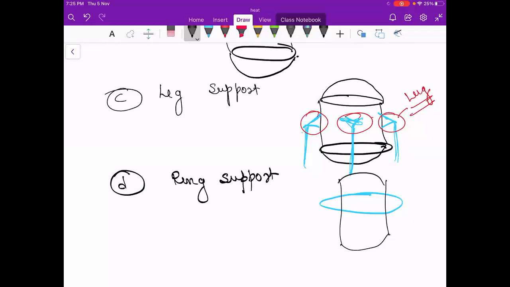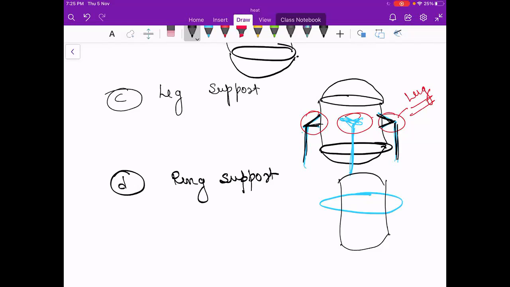So this will be your ring support. Lug is something which is attached to that. That lug can be attached to the legs also, or it can be directly attached to the wall with some nails. So that is lug, something which is coming out of the pressure vessel.